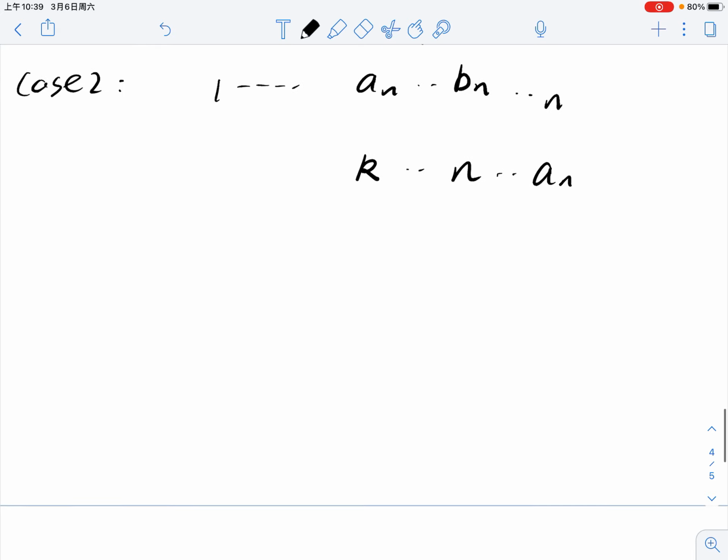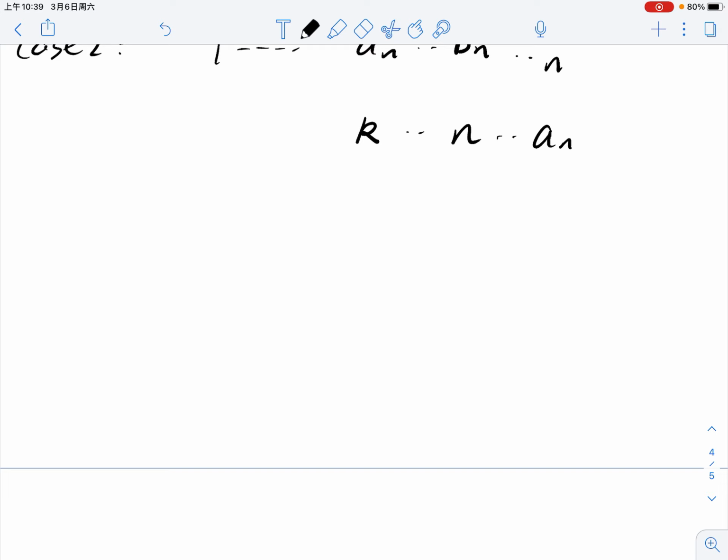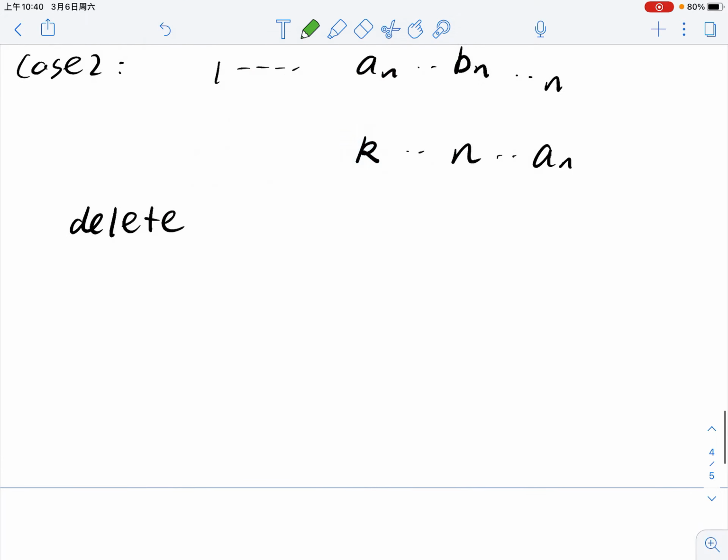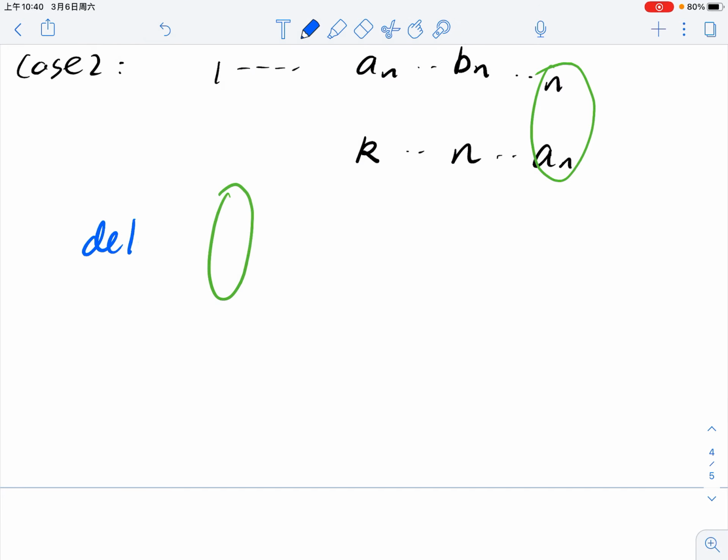You have a more complicated case, and then what we do is delete the last one, delete an, and change bn to bn an.